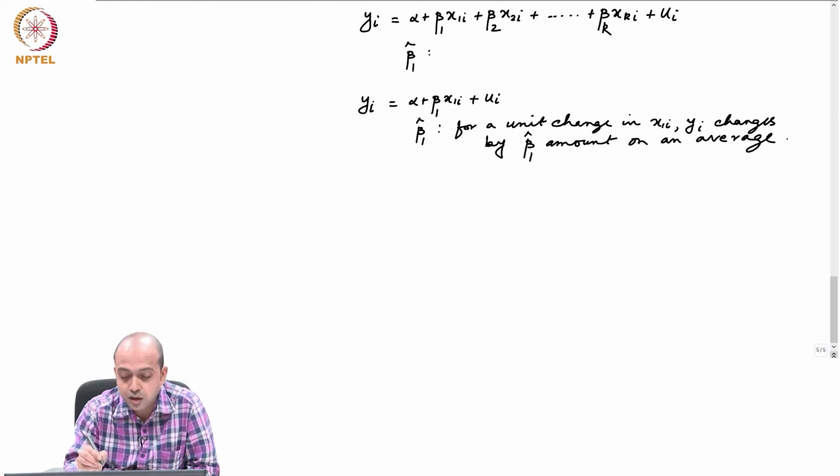But here, how do you interpret beta 1? You have so many other factors. That means, to understand the interpretation of beta 1 hat, first you take the expectation.